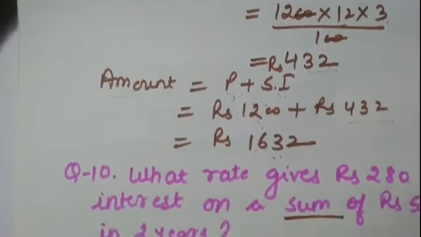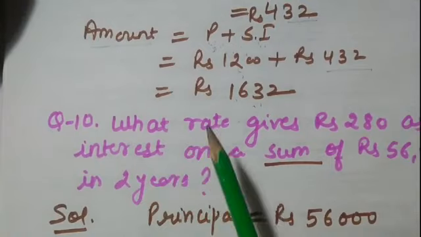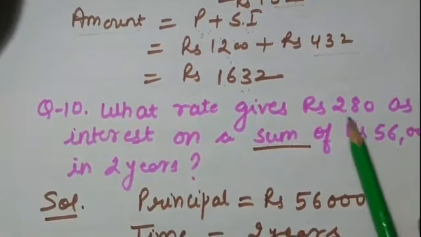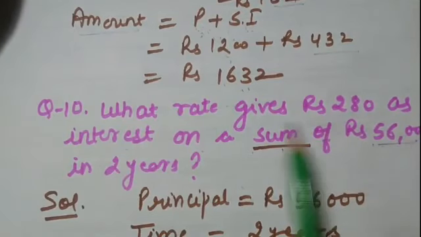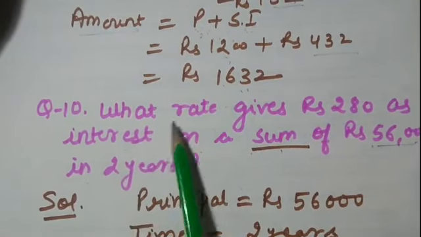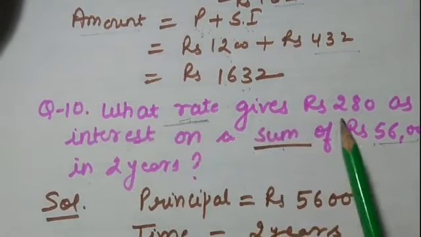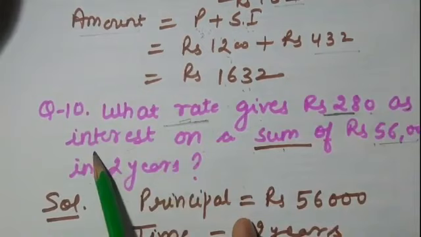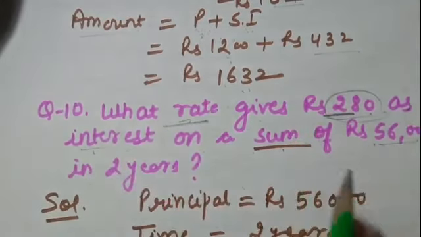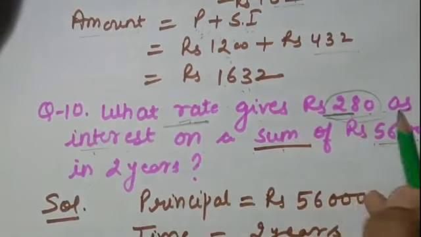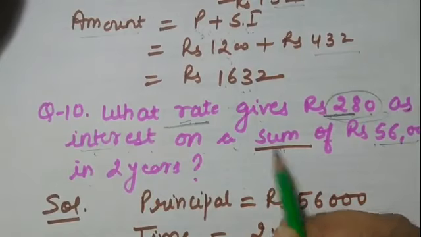So this is question number 9, A part. Now come to question number 10. The question is, what rate gives rupees 280 as interest on a sum of rupees 56,000 in 2 years? We have to find the rate. Here the interest is given, or you can say simple interest, because it is written gives 280 as interest on a sum.